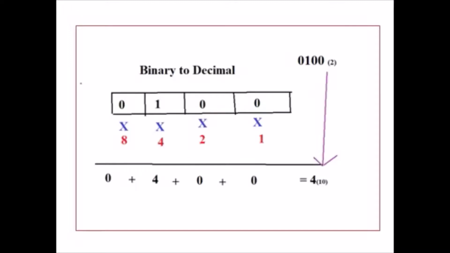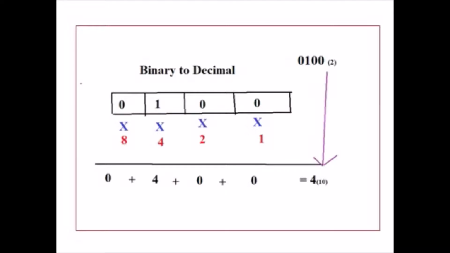Let us see how the binary value is converted back to a decimal value. In the previous slide, we saw that 0100 base 2 is the value for 4. Let us see how it is converted. In the previous slides, we saw the place values which start with 2 power 0 as 1, 2 power 1 as 2, 2 power 2 as 4, 2 power 3 as 8.